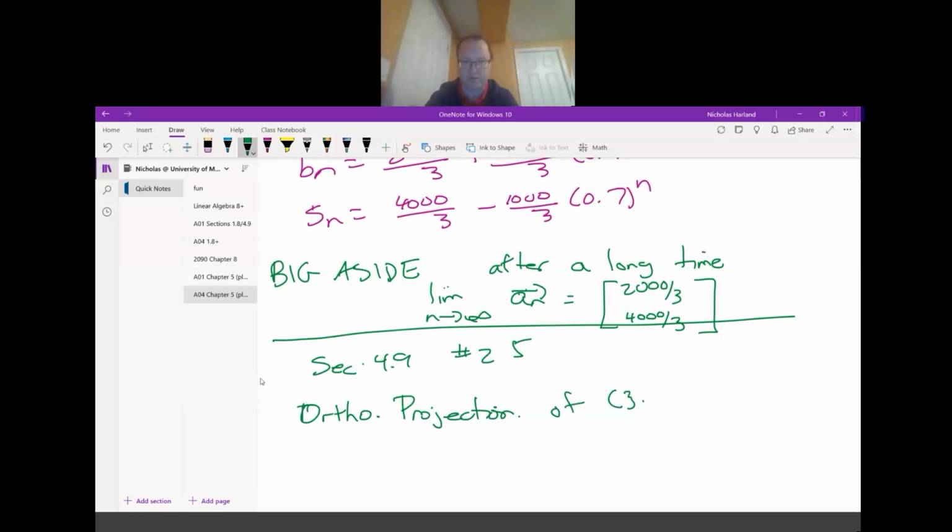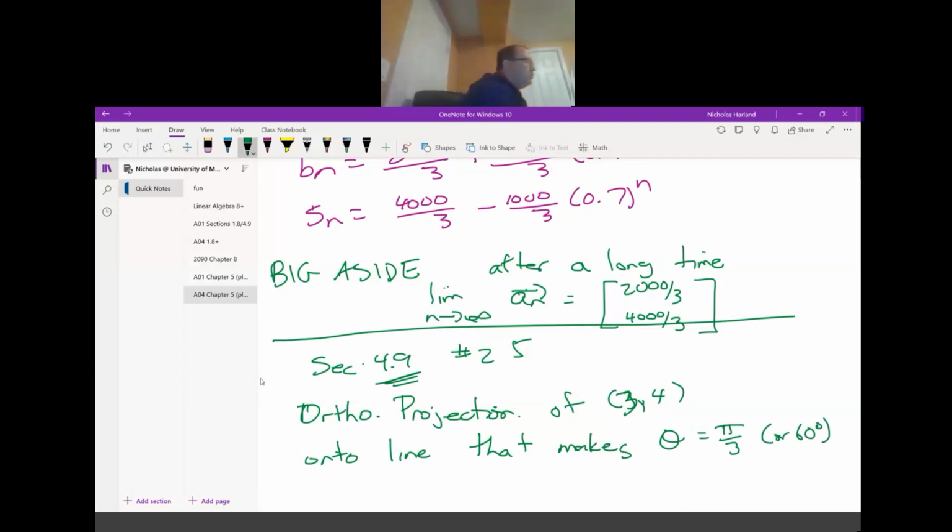Of the point slash vector (3, 4) onto the line through the origin that makes the angle theta equals either pi by 3 or 60 degrees, whether you live in radian land or degree land.